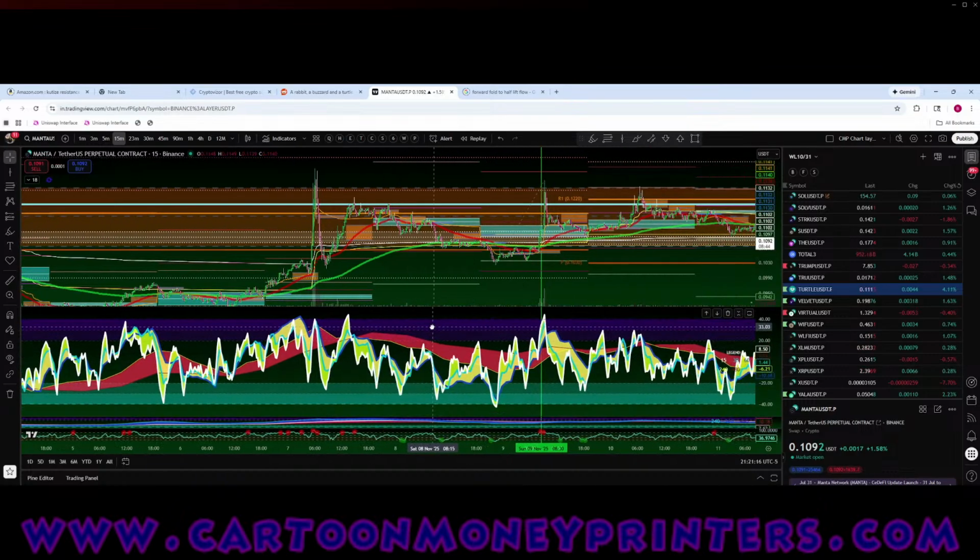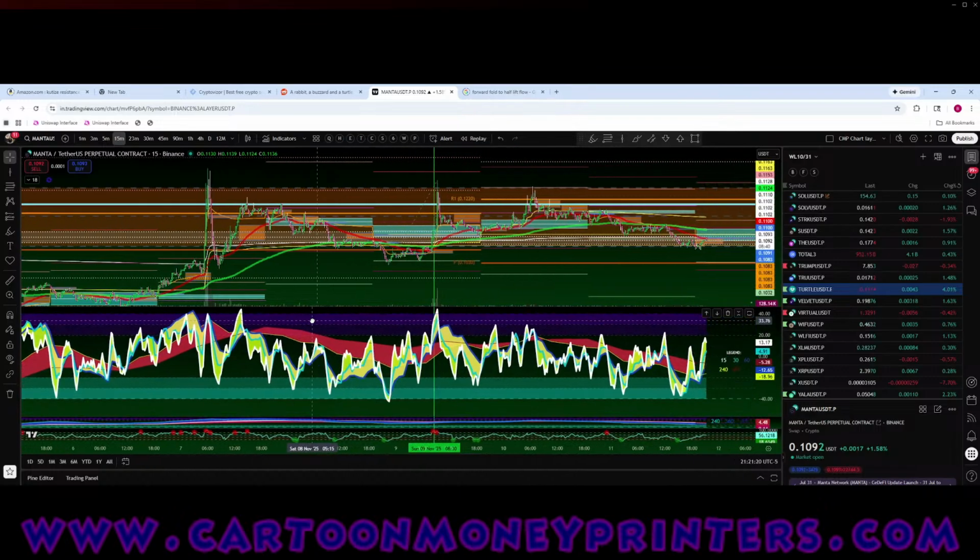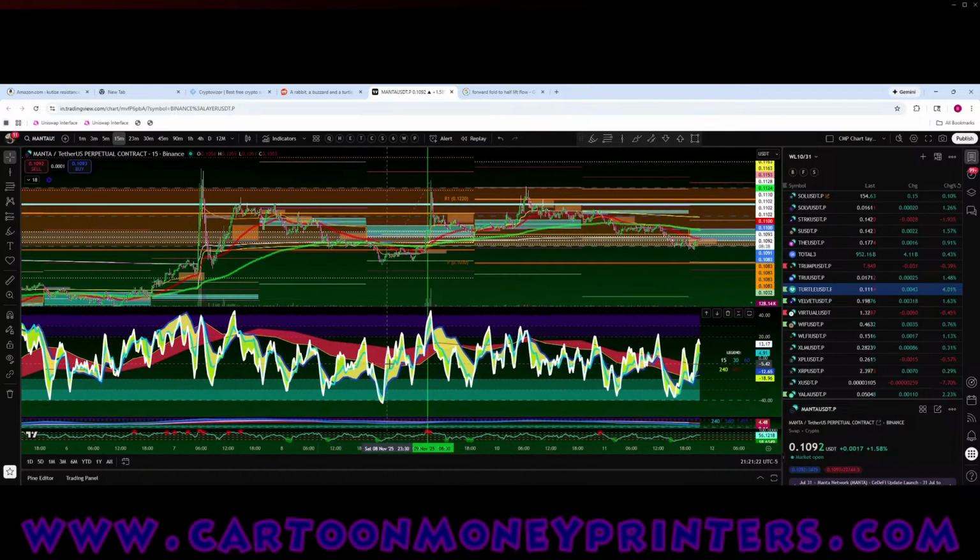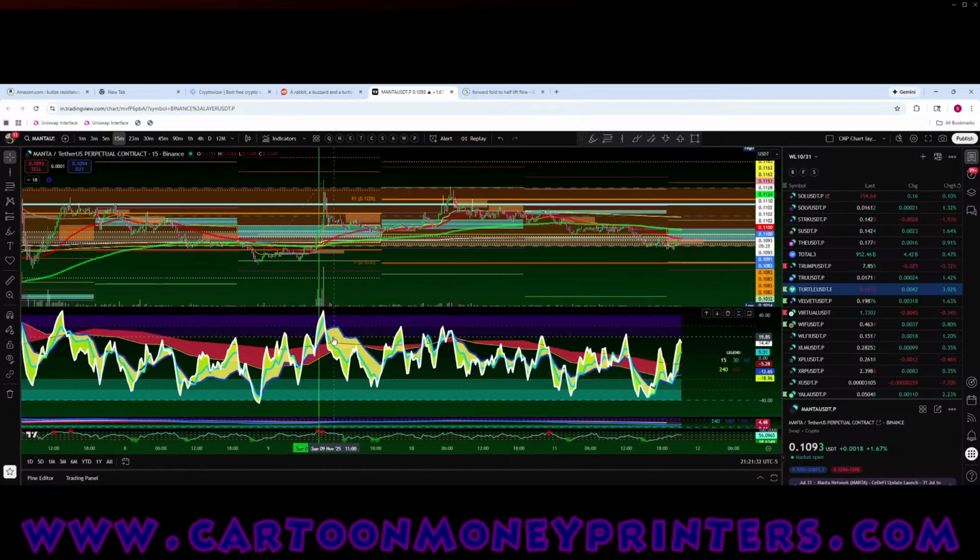It got a little overbought, but wasn't crazy. So I wasn't too worried about that. And then right here, I saw that the ribbon was turning right around here, right? I think I got up at like 6. I looked at it, I saw, and then when I got interested was when the 15 was pulling down right here, and I got a little bit late.